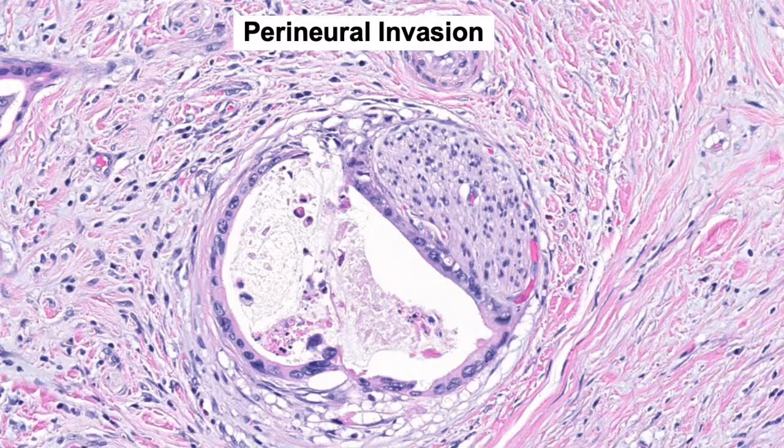So pancreatic cancer, in addition to vessels, can also involve nerves, and seeing these malignant glands involving nerves can help convince you that this is a malignant process. In this case, you see the nerve on the right-hand side, and then the gland of cancer that's involving the nerve sheath.